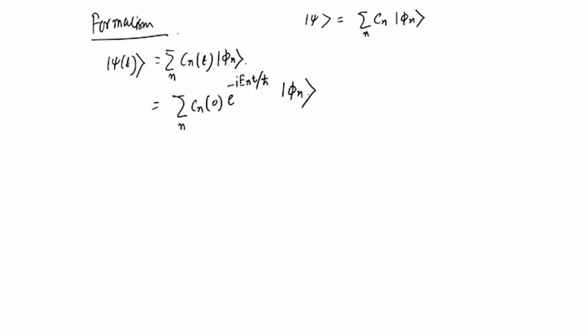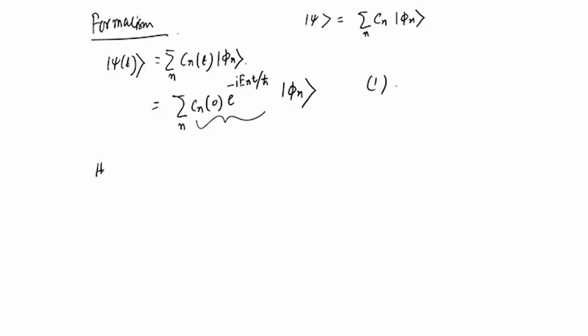Okay. So, this was the stationary state ansatz, and let us call this equation 1. The time dependence, as I said, is carried by these coefficients, and that is how this time evolution of the state psi of t proceeds.